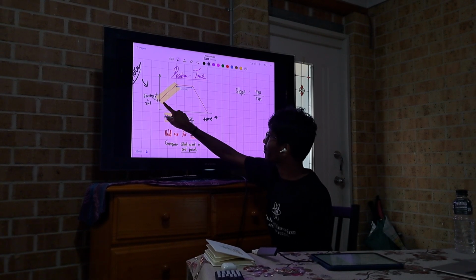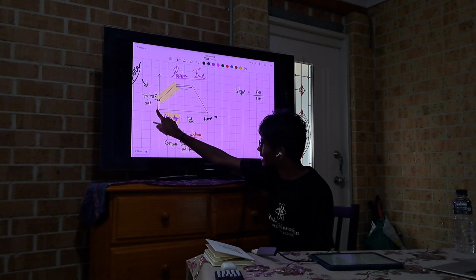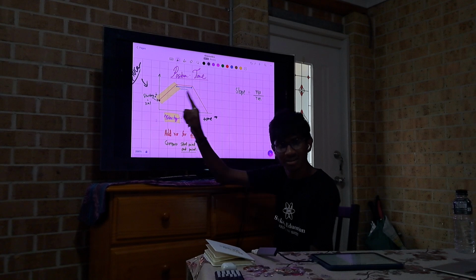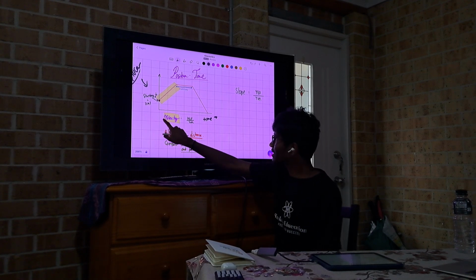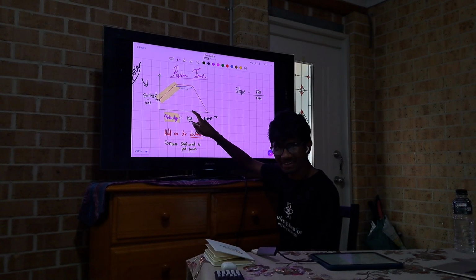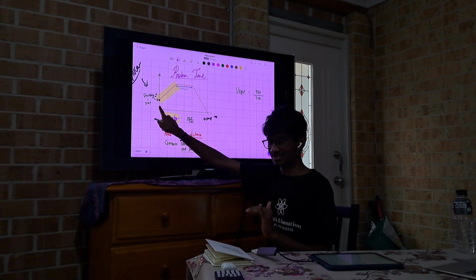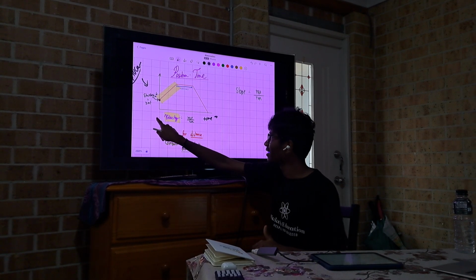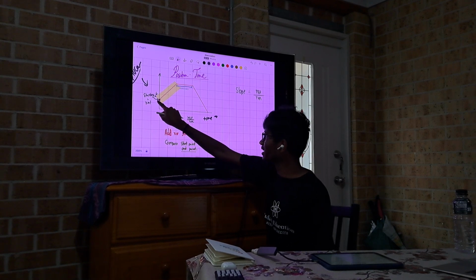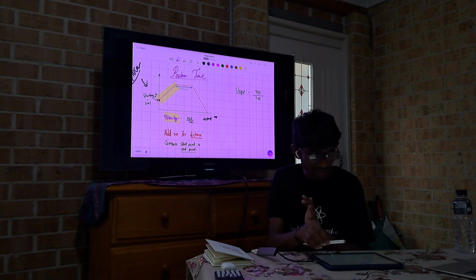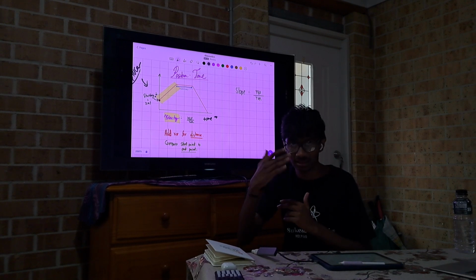Displacement is just a straight line down, so you go down 1, negative 1. So displacement for this position time graph example is negative 1 because you're going down just once. You're comparing the start point here to the end point here. But for the distance, you add the rise.